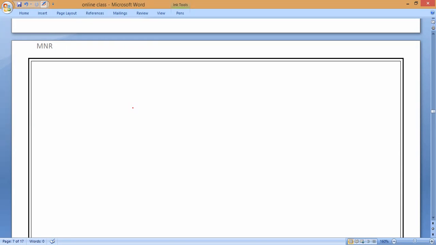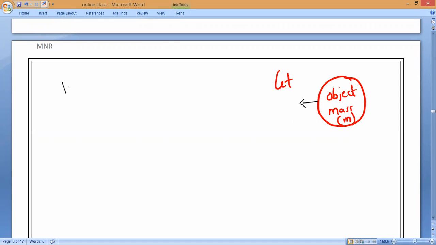Now, as you all know, let me consider the weight of the body on the earth. Let the object have mass m. What is the mass? Mass m. Understand, Hari? Okay. Now, what is the weight of the object on this earth? I want the formula.